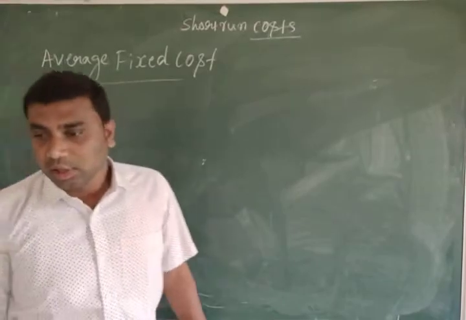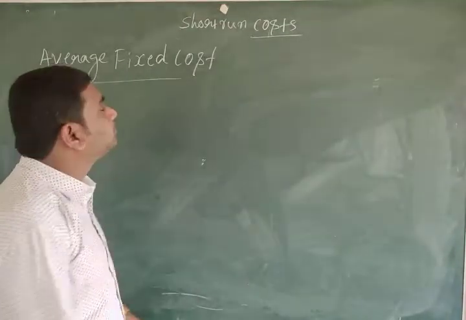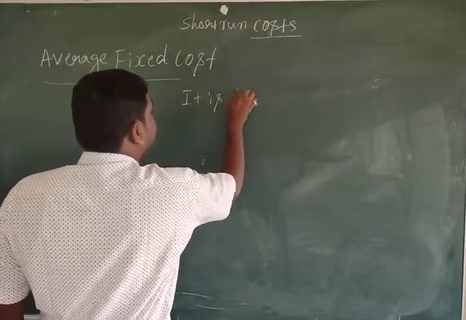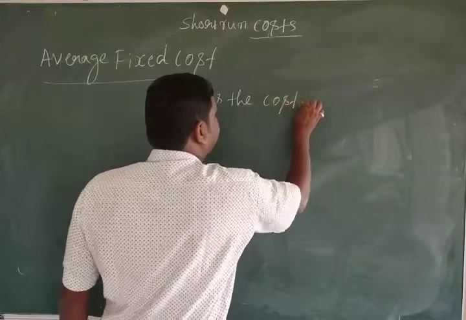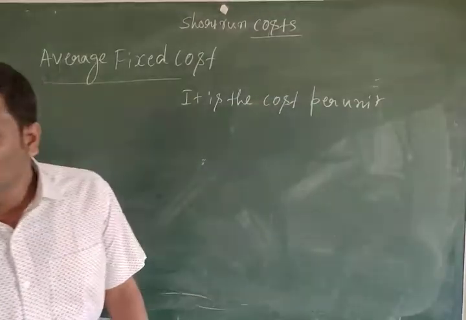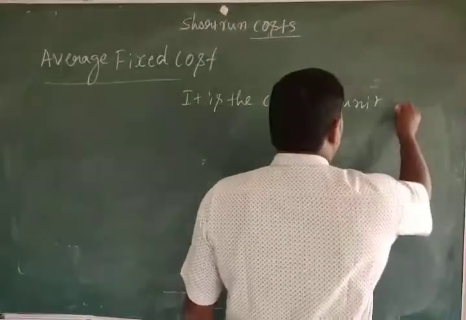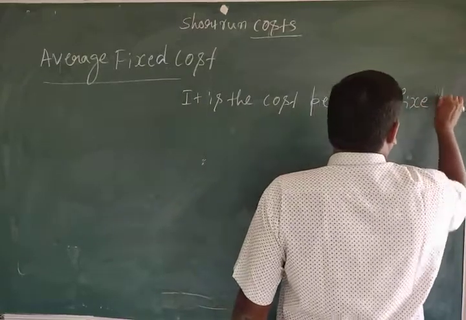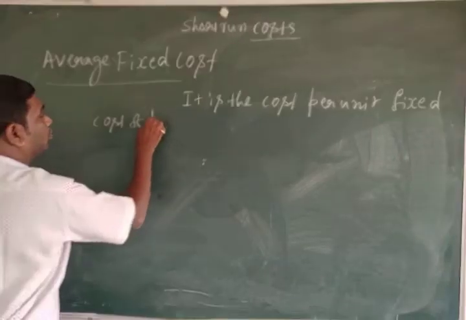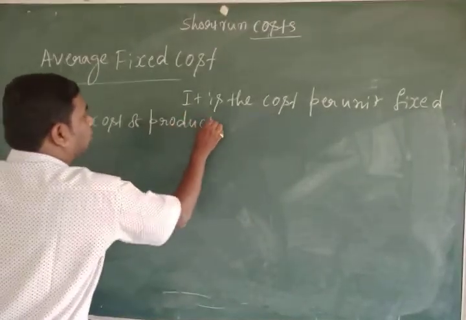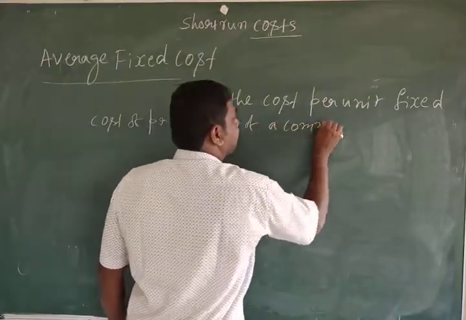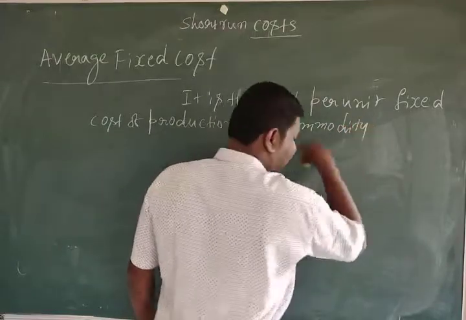Average fixed cost is nothing but the cost per unit. It is the fixed cost of production of a commodity, simple.